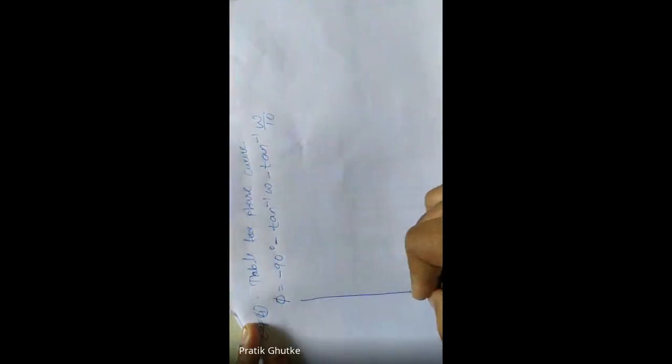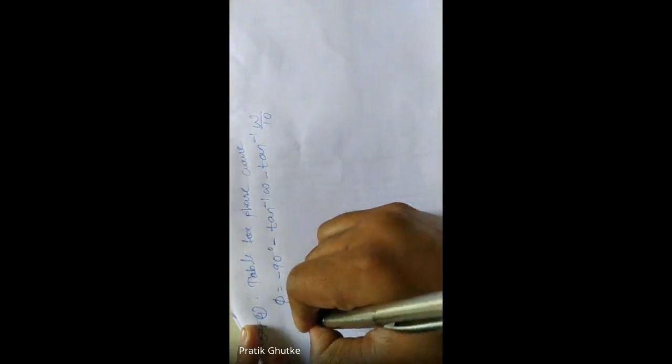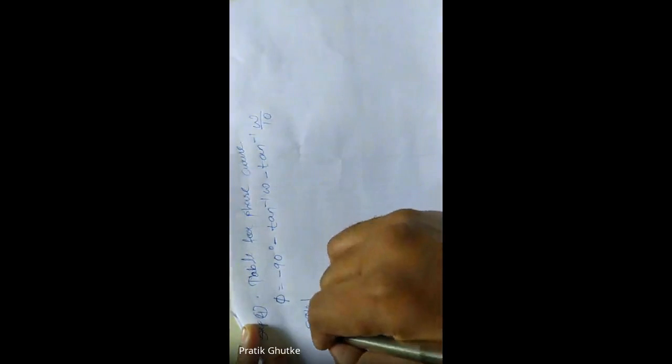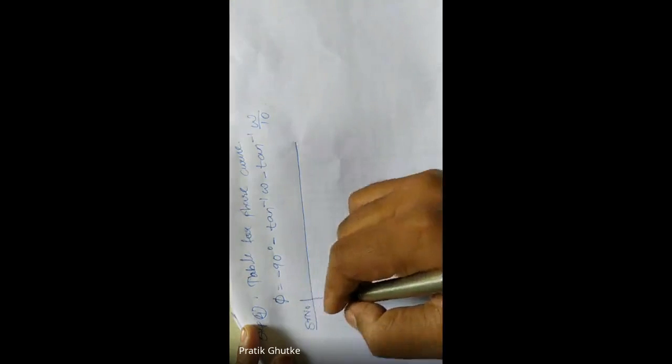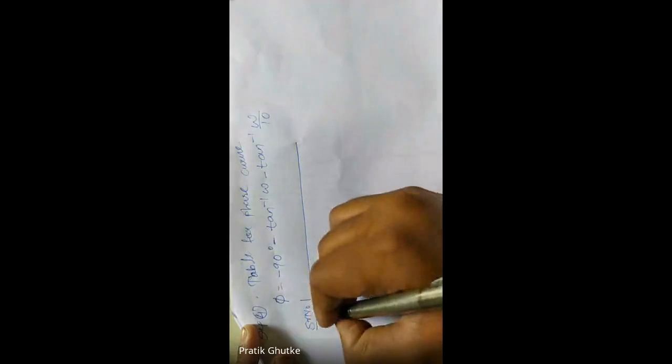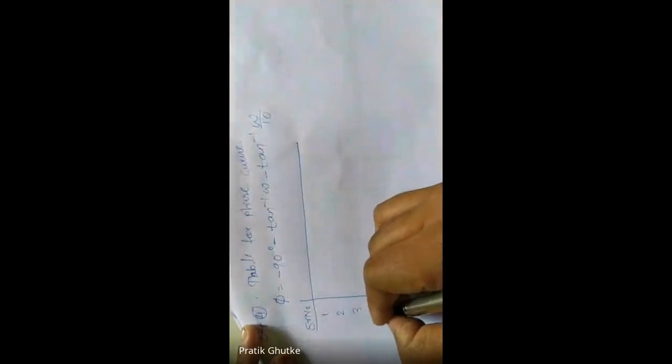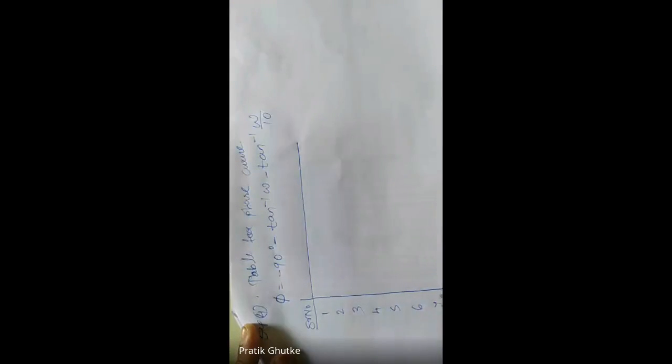So drawing the table, serial number. Yesterday I told you in calculations, the more approximations you take, the better your Bode plot will be. So I will take about 10 iterations, 1, 2, 3, 4, 5, 6, 7, 8, 9 and then 10.